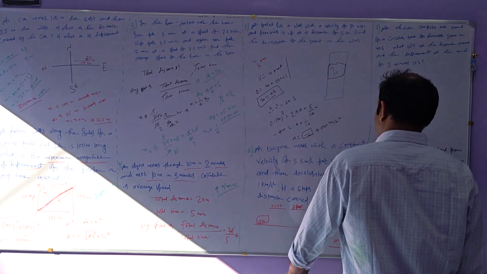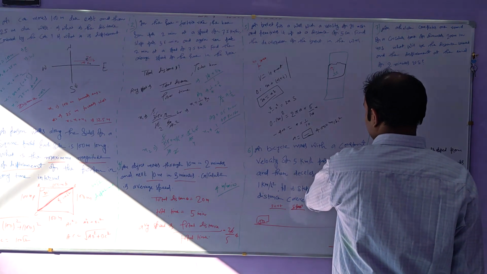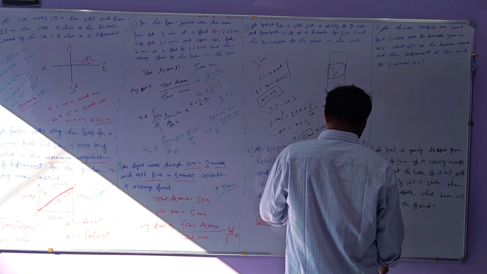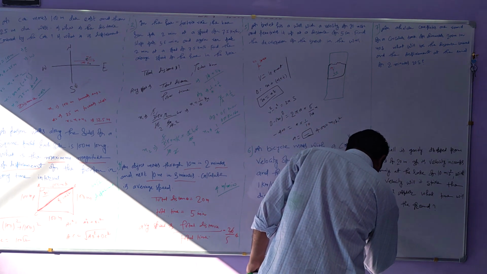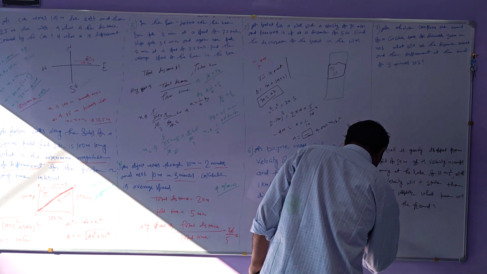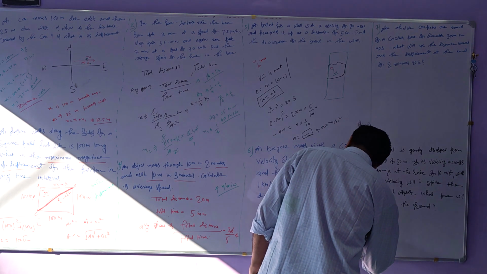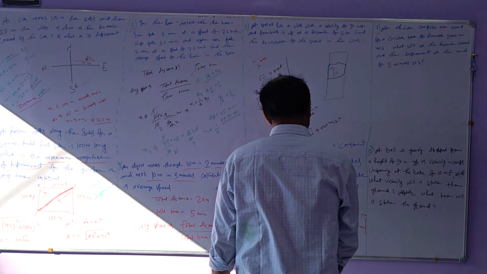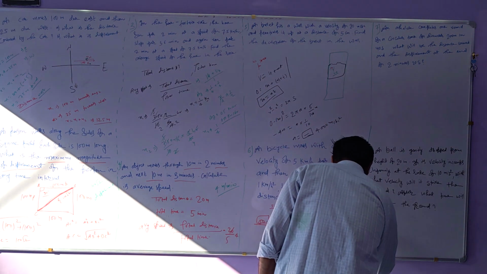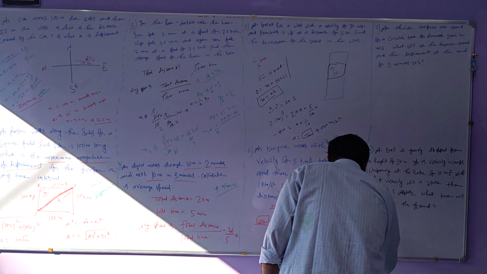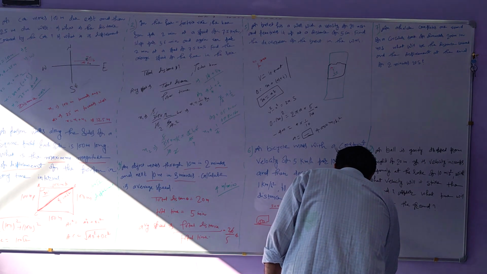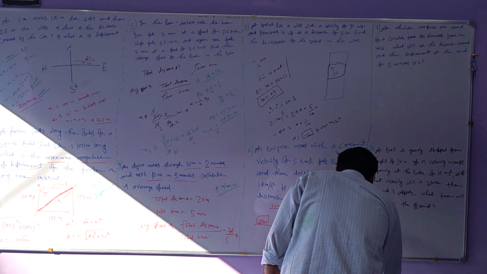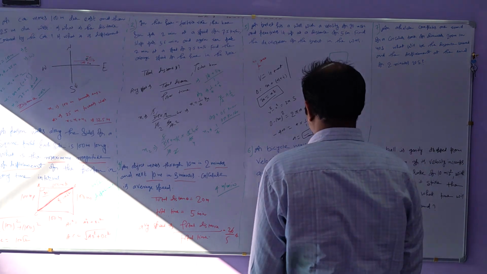After 10 minutes, it decelerates at the rate of 1 km per hour square till it stops. Suppose it decelerates till the position where v becomes 0, and a is equal to minus 1 km per hour square.